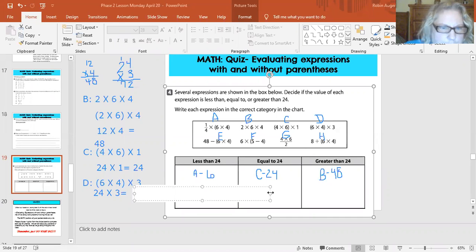Okay, and our number down here is 72. And we'll have to draw it in the box over here as greater than 24. So this is letter D. Okay, so letter D is 72.